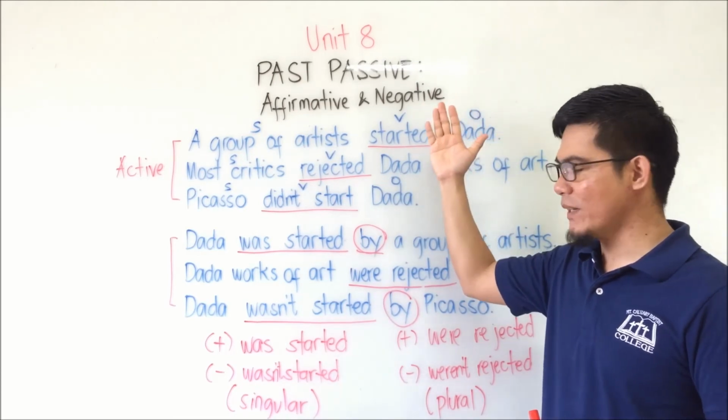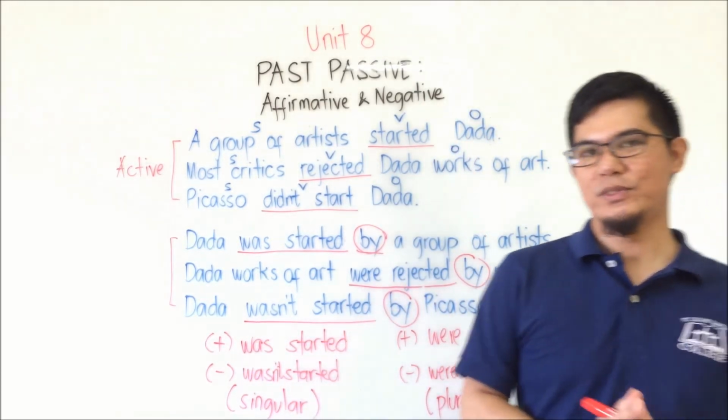When we talk about past passive, there are only these 4 rules.